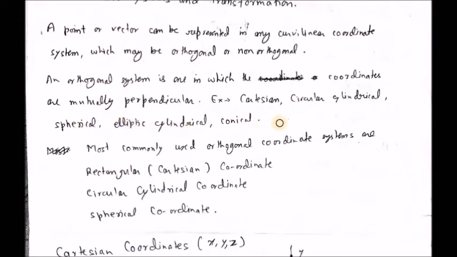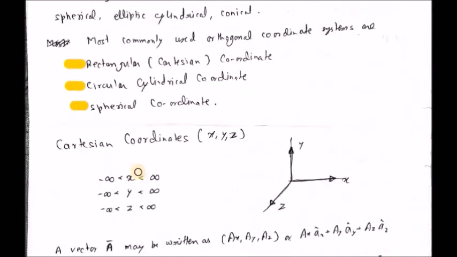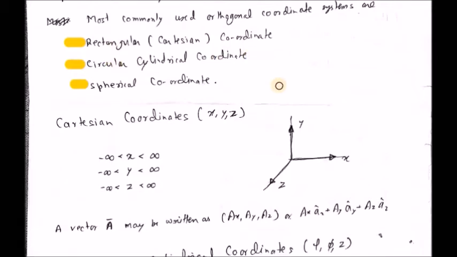There are other orthogonal coordinate systems also, but the most widely used are the rectangular coordinate system, also known as the Cartesian coordinate system, then the circular cylindrical coordinate system and the spherical coordinate system. I will explain this in this lecture, focusing mainly on the rectangular and circular coordinate systems.